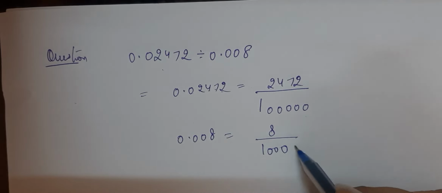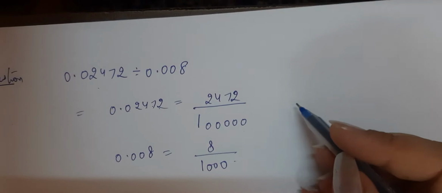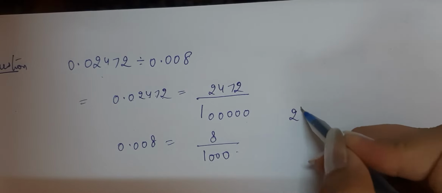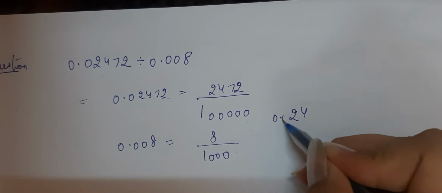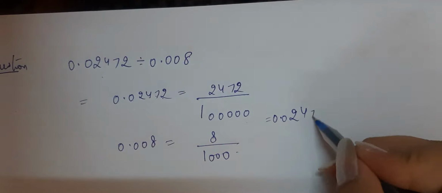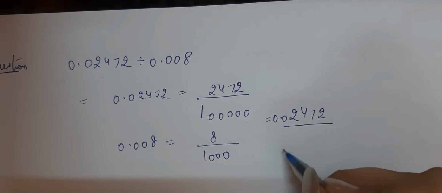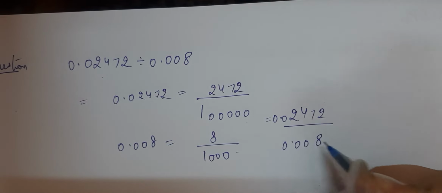And I know these two terms are dividing each other, so I can write 0.02472 upon 0.008.